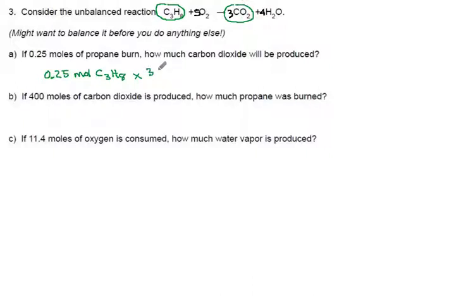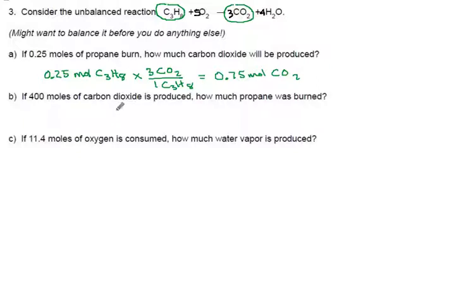So 3 CO2 for every 1 C3H8. And math-wise, you do 0.25 times 3 divided by 1. Gives you 0.75 moles of CO2. Not too bad.